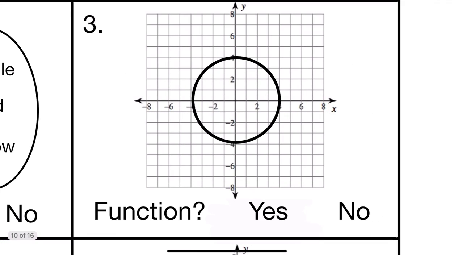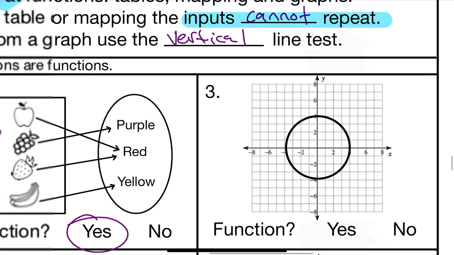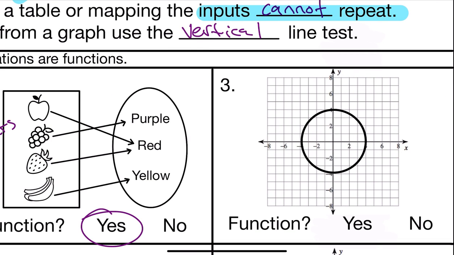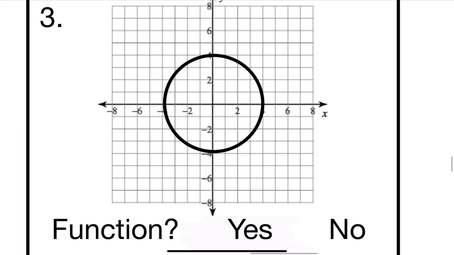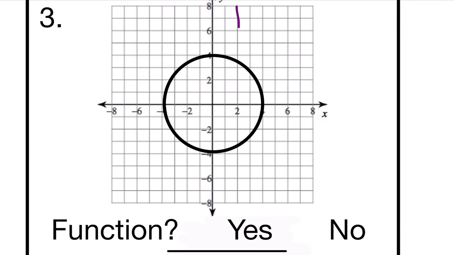Number 3. For our graphing, it said use the vertical line test. Vertical just means up and down, like that. So what we're going to do is draw a vertical line. It doesn't matter where it goes, just as long as it goes through your graph.